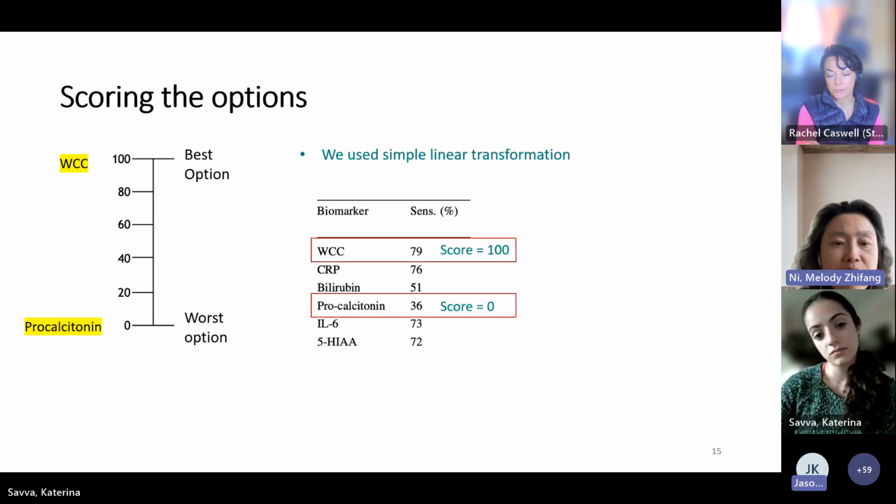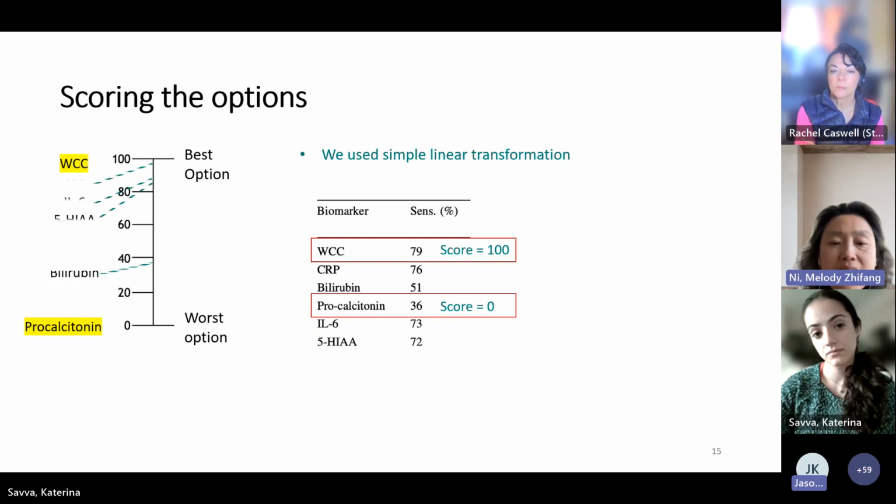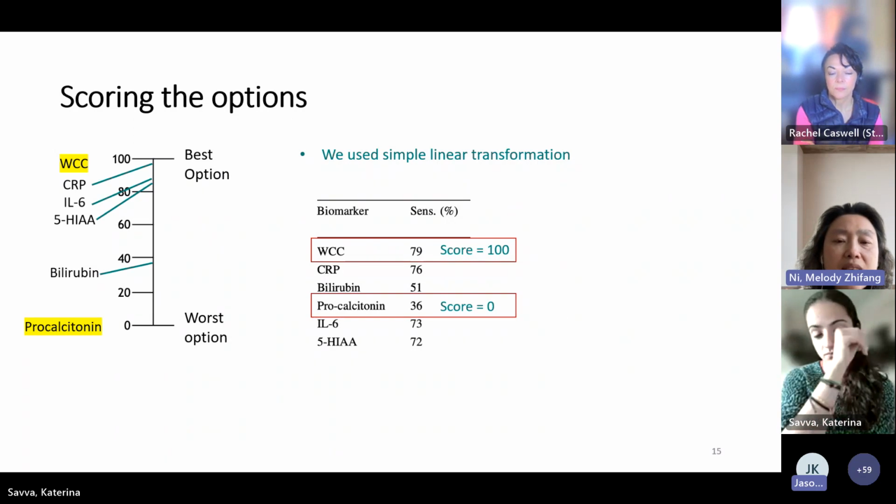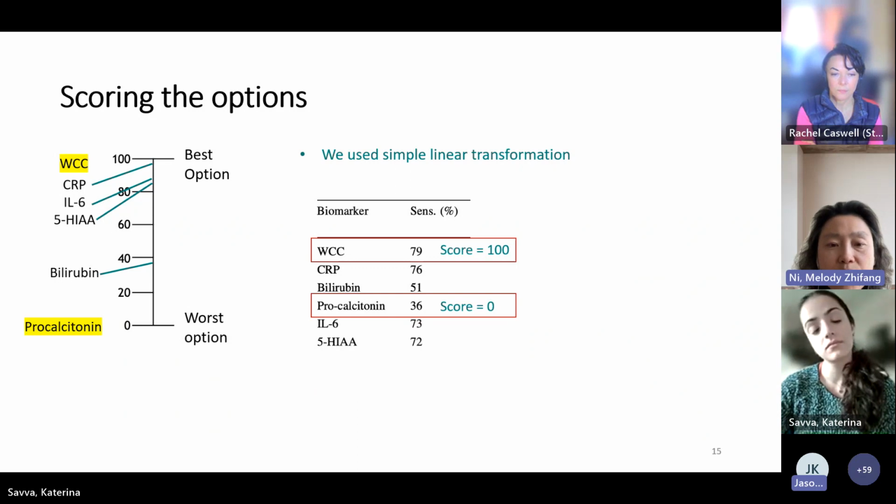So procalcitonin and the white blood cell count assign the score of 0 and 100 because they have respectively the lowest and highest sensitivity, and thereby define the scale of the sensitivity scoring. Then we convert the remaining using a very simple linear transformation proportional to the scale defined by these 2.